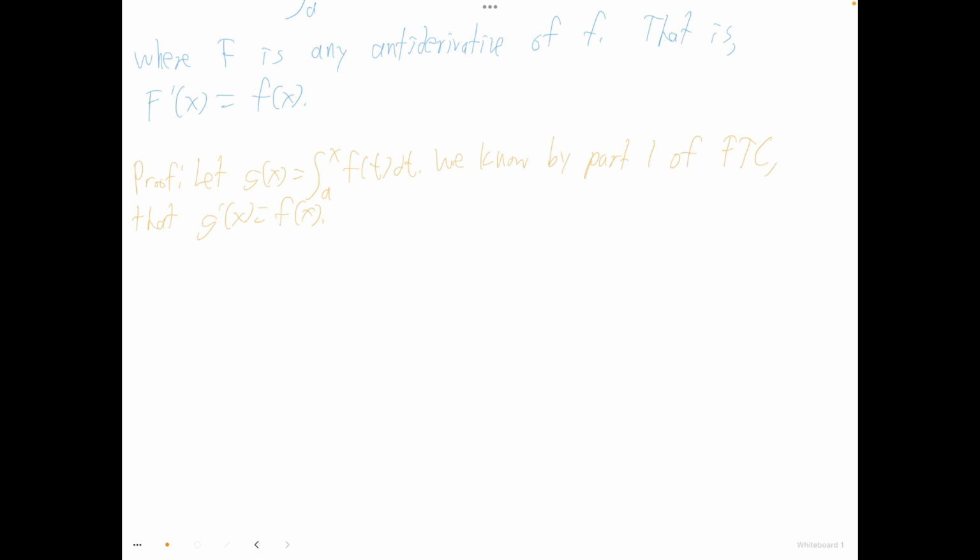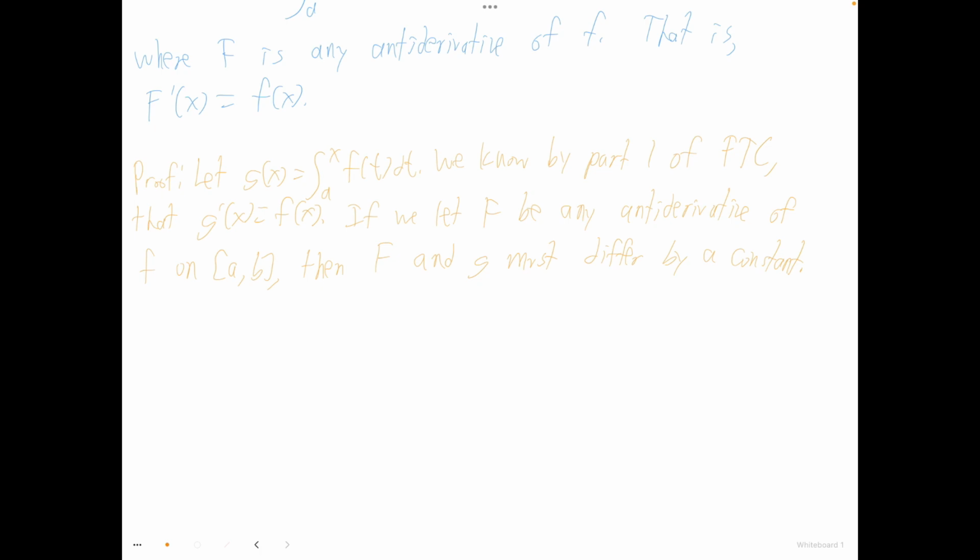And so little g then is an antiderivative of f. If we let capital F be any antiderivative of little f on the interval a to b, then capital F and g must differ by a constant.